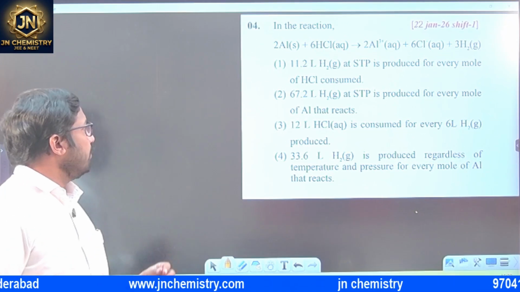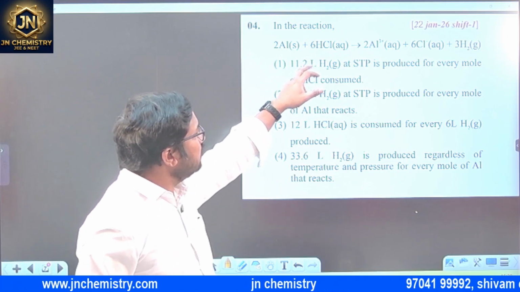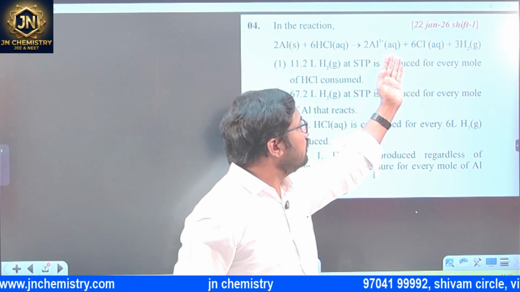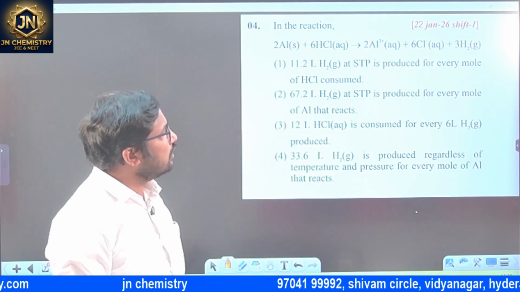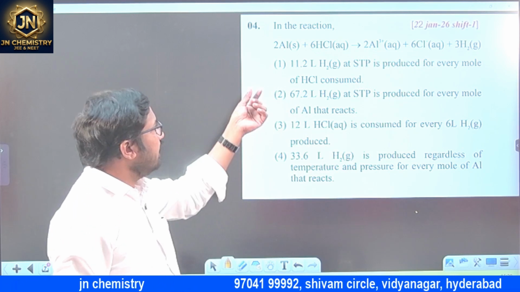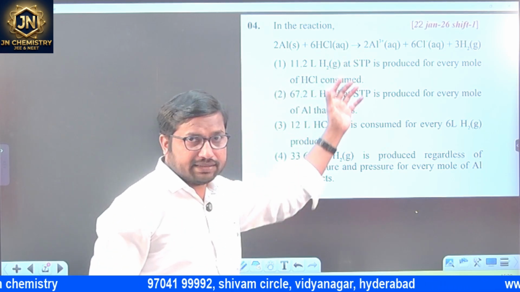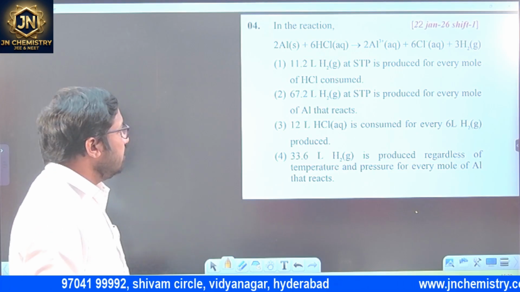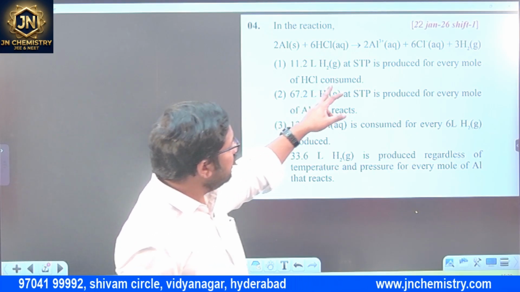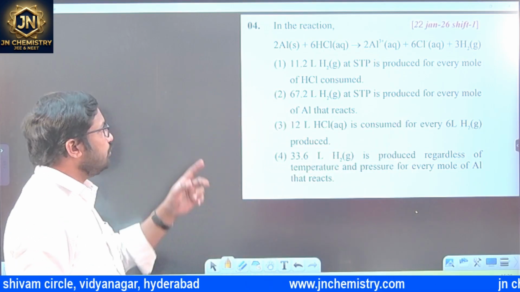Yeah, one more question from basic concepts of chemistry. It is 2 moles of aluminium and 6 moles of HCl, giving 2 moles of Al3+, 6 moles of Cl minus and 3 moles of H2. Particularly in this case, the first option is 11.2 liters. We'll cross-check which options are correct and which are wrong. 11.2 liters of gas at STP is produced for every mole of HCl consumed.